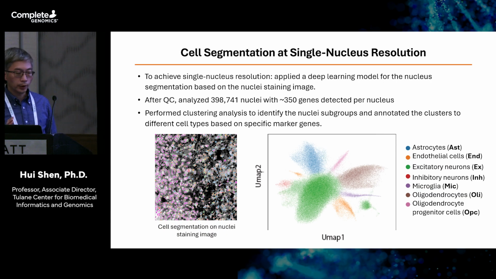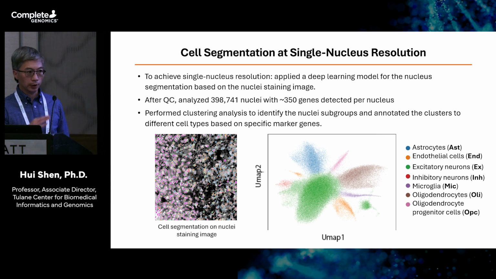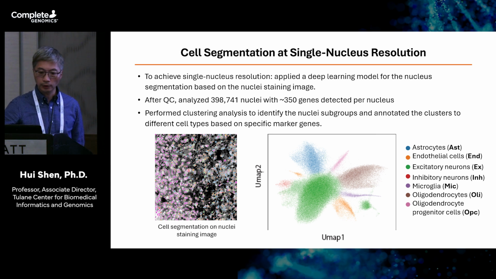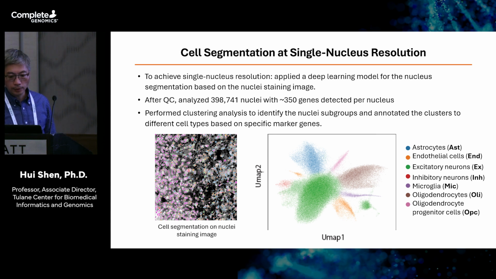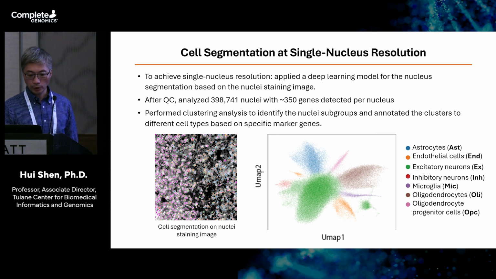Next, we want to bring this all the way to the single nucleus resolution. Based on the nuclear staining image, which is actually provided along with the Stereo-seq data by this technology, we applied a deep learning model to do the nuclear segmentation. This one shows one example of the cell segmentation on the nuclear staining image.